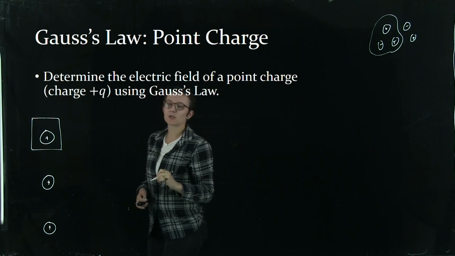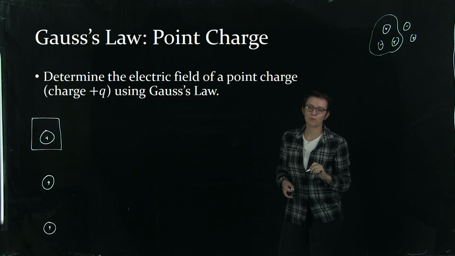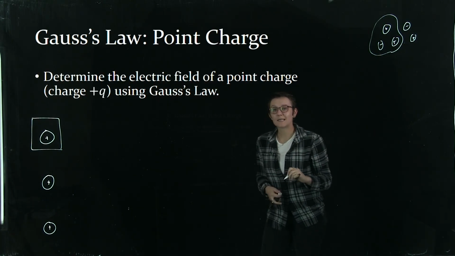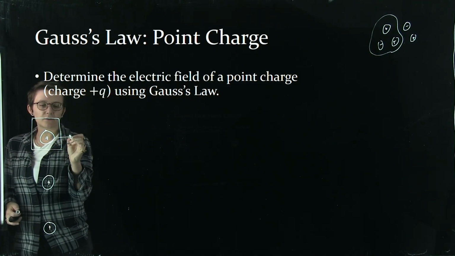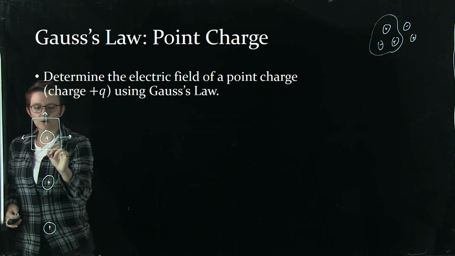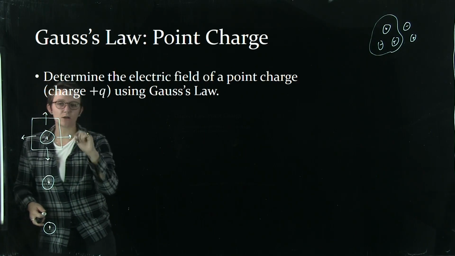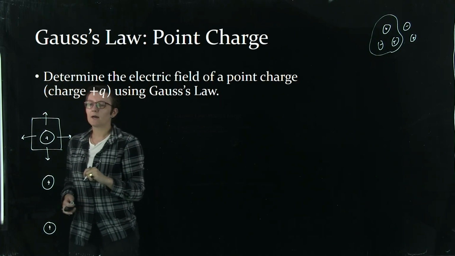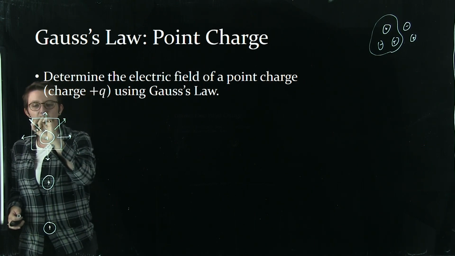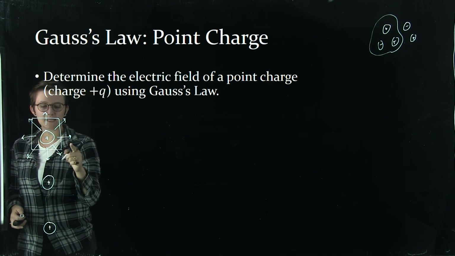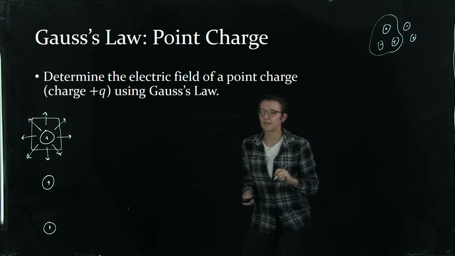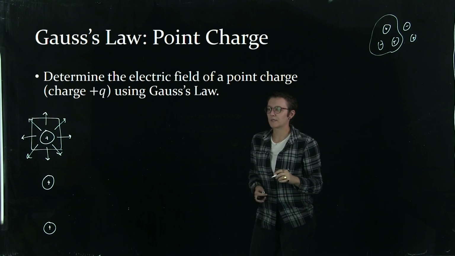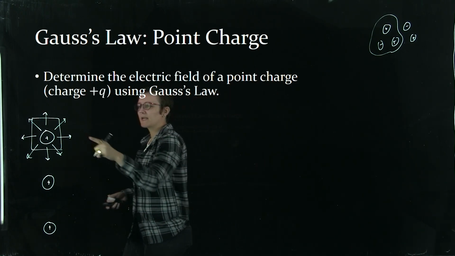Imagine I take my charge and I place it inside a little cube there. And now I need to see if those rules are satisfied. I could draw my electric field of my point charge. I know that positive point charges have a radial electric field pointing outwards. But I can start to see that when I draw more electric field lines, even though there are some locations where the electric field is perpendicular to the area, not all locations are perpendicular to the area, right? So here's a good example.